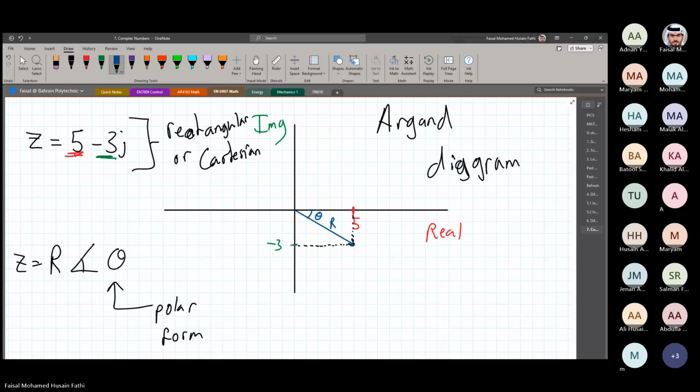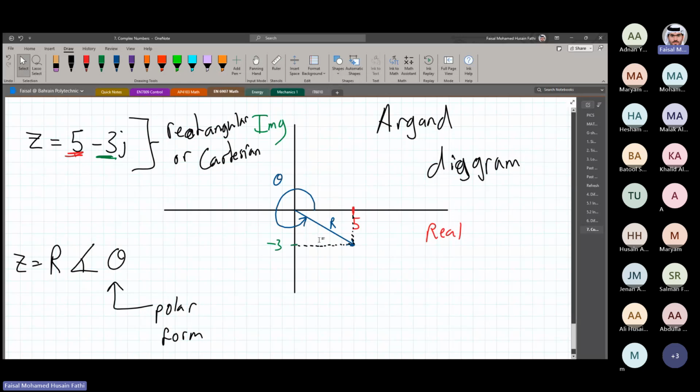Okay? Actually, the angle theta is not this one. The angle theta is going to be this angle over here. This is your angle theta for this case. Okay? So your angle will depend on where the location of your point is.